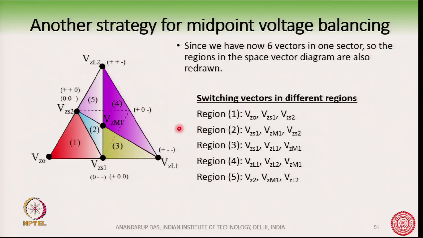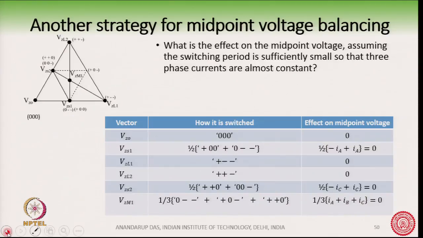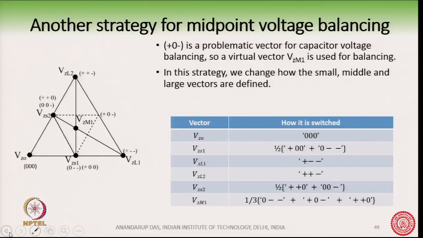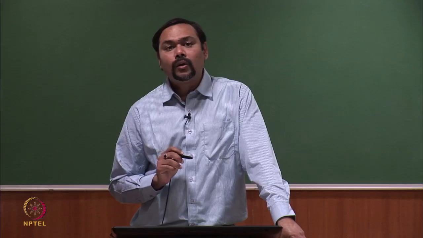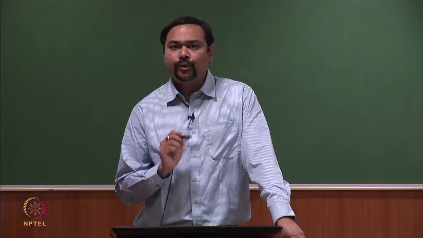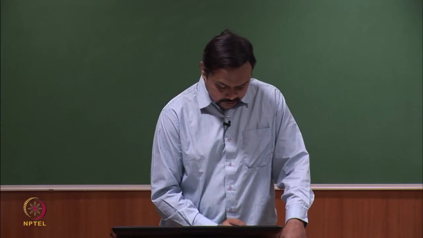Before we go into the regions and how we switch, let us first see how or why we have defined the vectors in this fashion. Let us see that after introducing this definition, what is the effect on the midpoint voltage, and that is what is interesting.